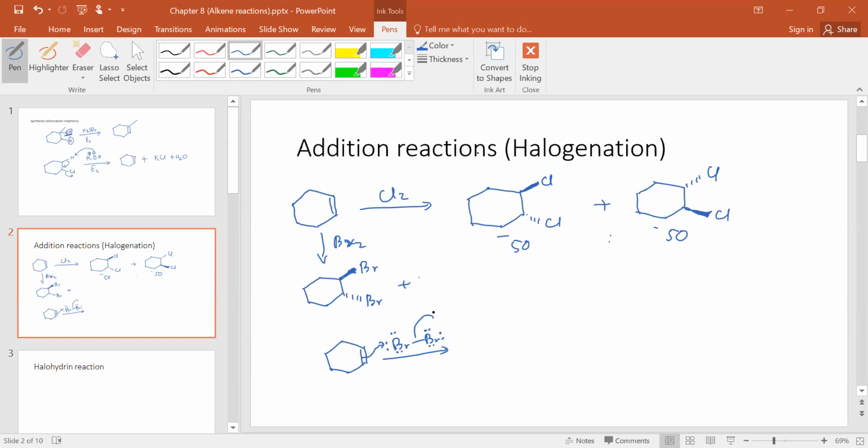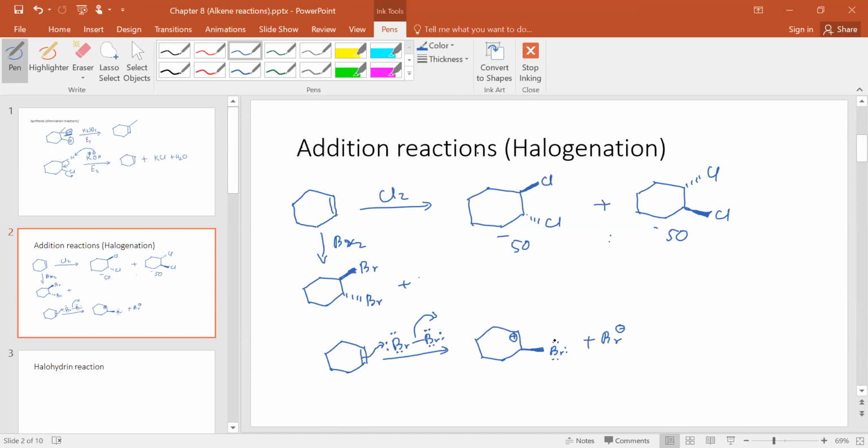The double bond will attack and bromine will leave. I'm showing a stepwise process; you can show it directly as well. It makes Br plus and Br minus, and here is the positive charge.